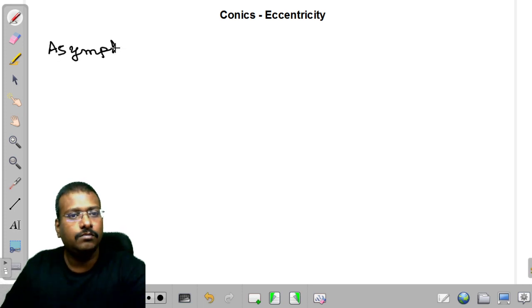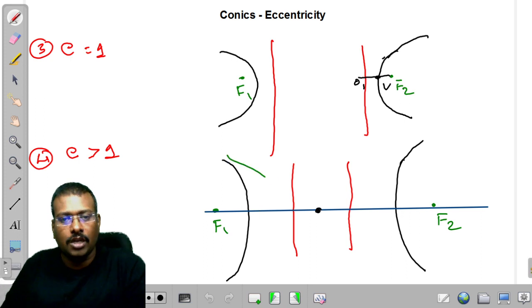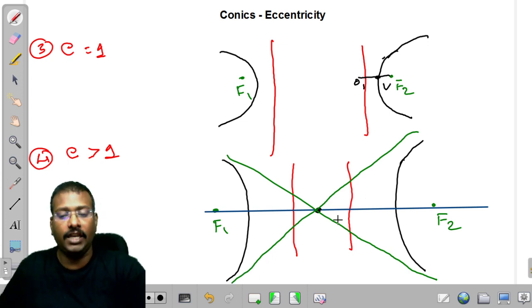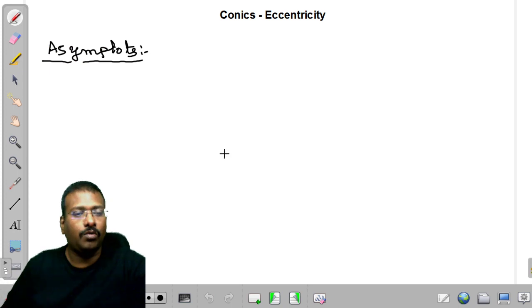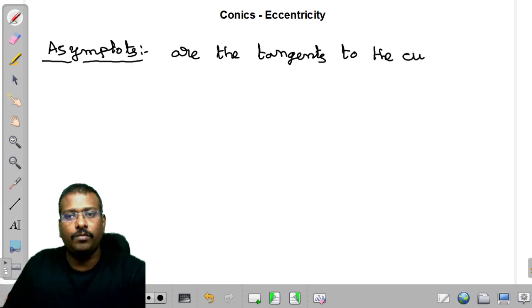Asymptotes are the tangents to the curve at an infinite point.